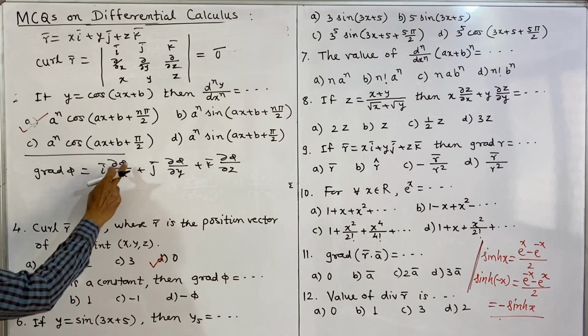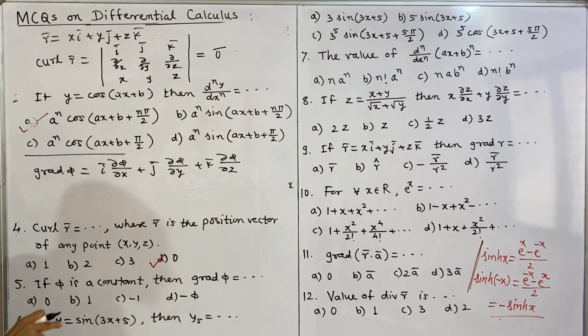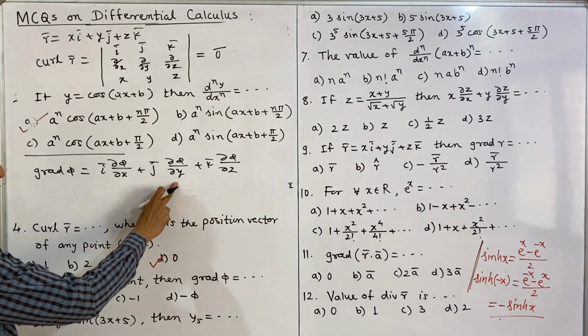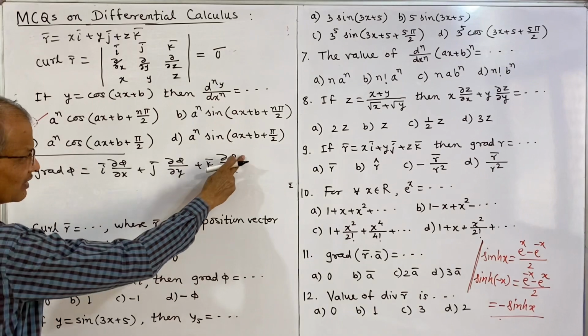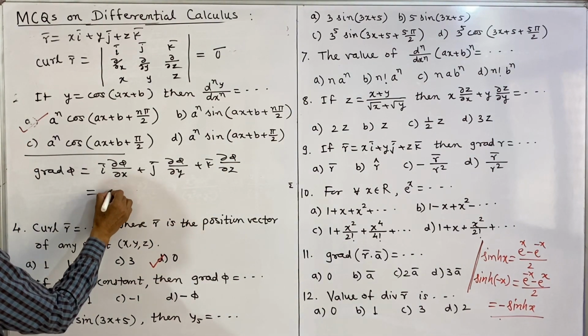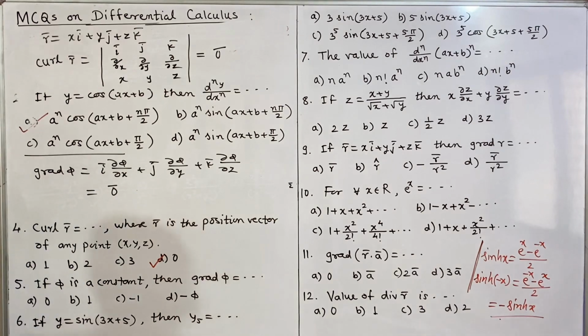So because phi is constant, dou phi by dou x will be 0. The partial derivative of phi with respect to x is 0, with respect to y is also 0, and with respect to z is also 0. And therefore this is again a 0 vector. So the correct alternative is the first one.